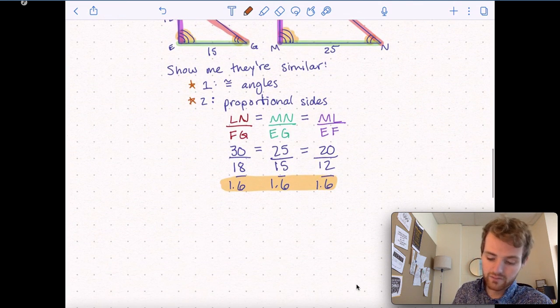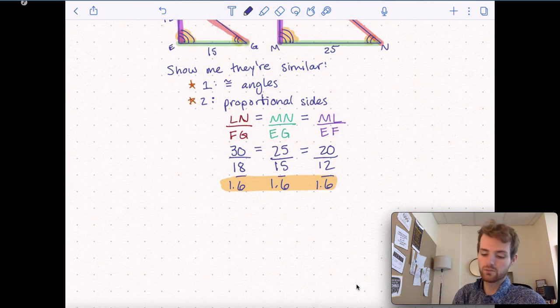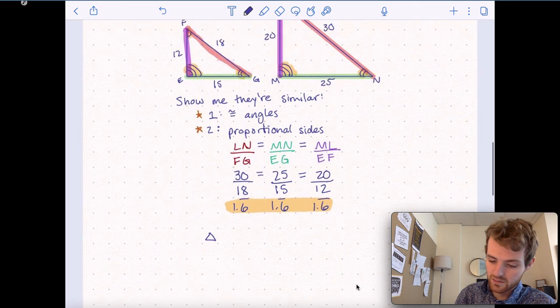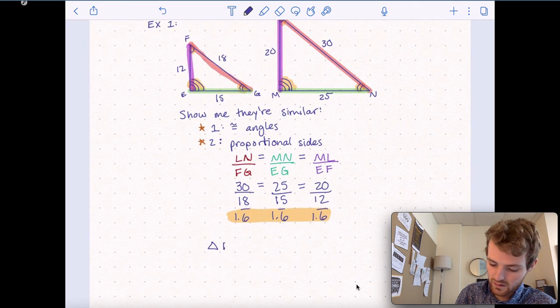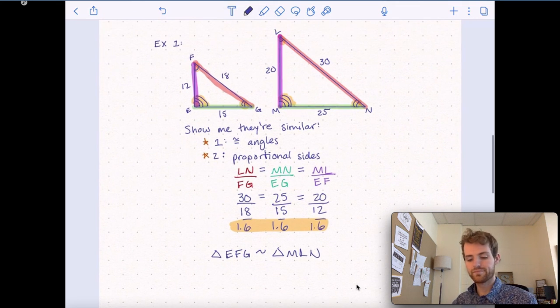If we have a check on property 1, congruent angles, and a check on proportional sides, then we can write our similarity statement. EFG is similar to MLN. There you go.